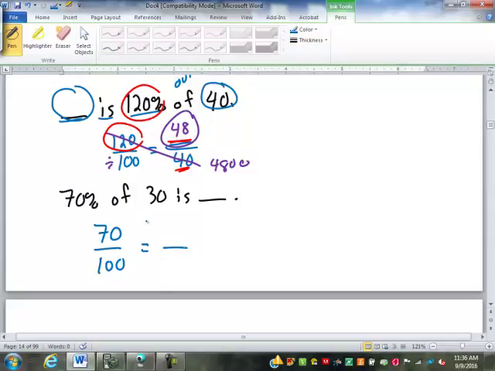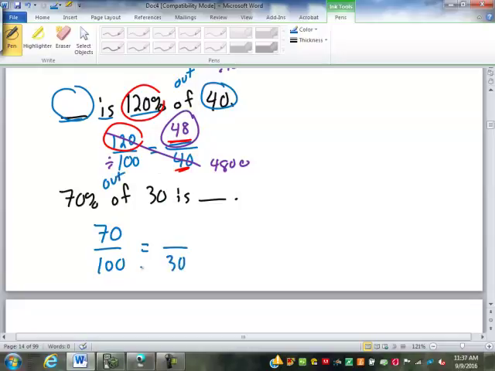Looking at the 30 and the missing number, which one goes with the 70? Well, this is 70% of 30. I think that's out of 30, right? The 30 goes on bottom. 70% is blank. The missing number goes on top. So it's worded very different, but it's set up exactly the same as the one up above here.